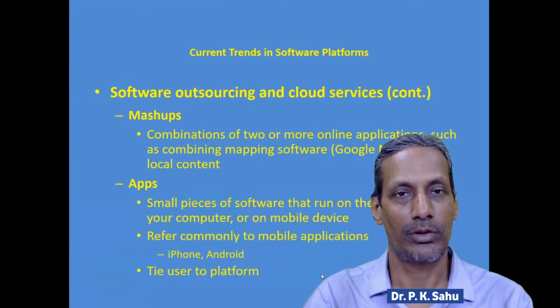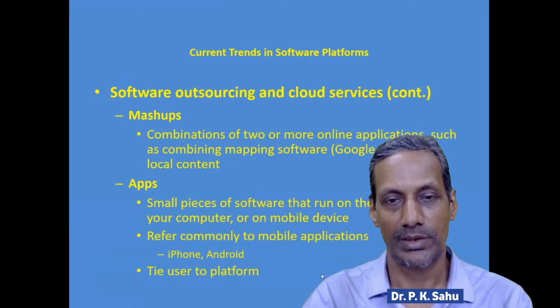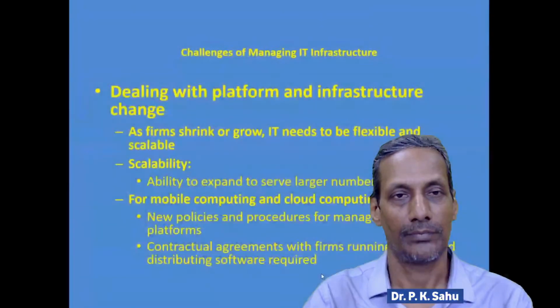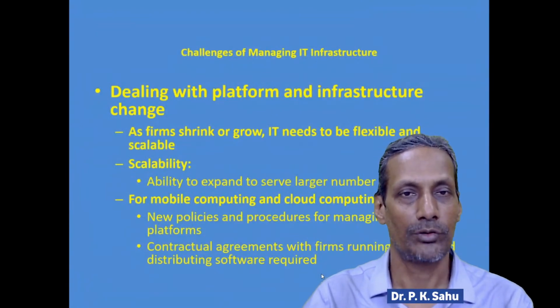Apps today commonly refer to mobile applications on the iPhone or the Android. They tie the user to all of these platforms that we discussed. So to tie up with various platforms, you need to install an app.